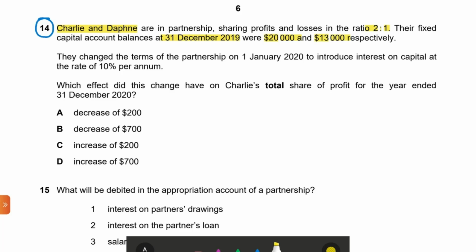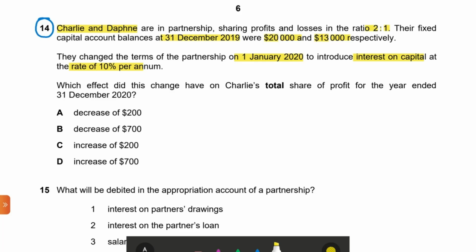They changed the terms of the partnership on 1st January 2020 to introduce interest on capital at the rate of 10%. As per the changes, they decided to charge interest on capital.